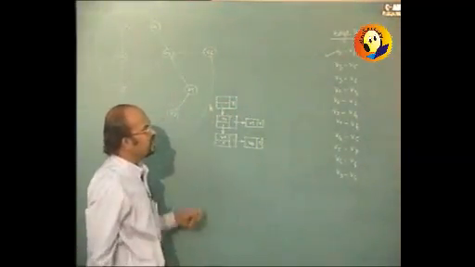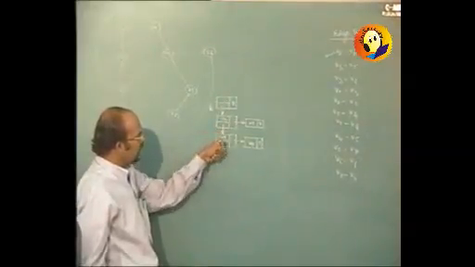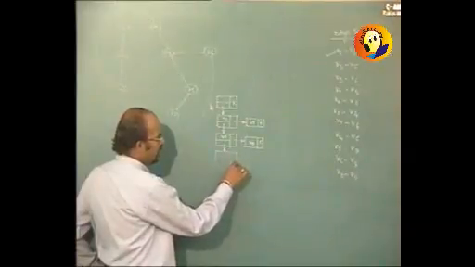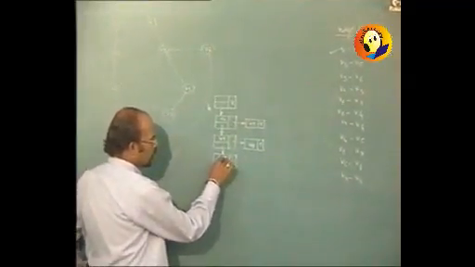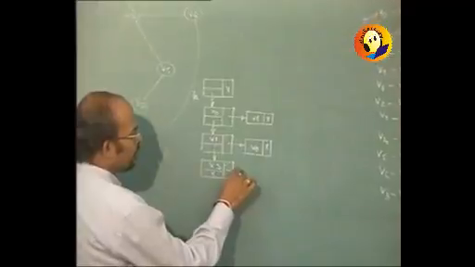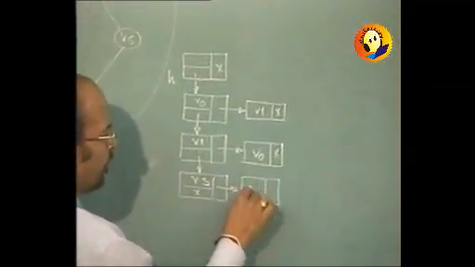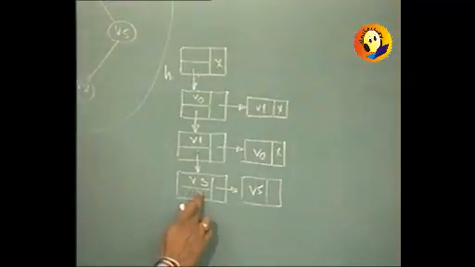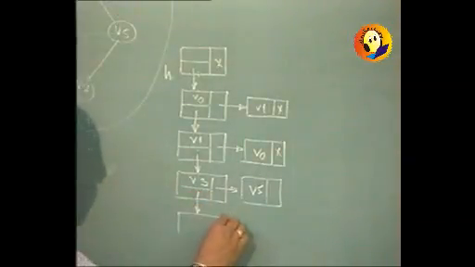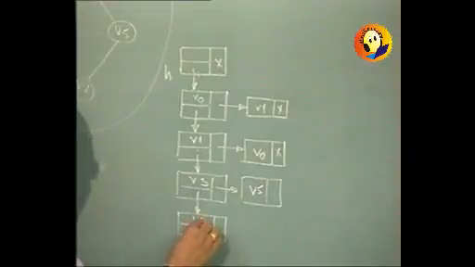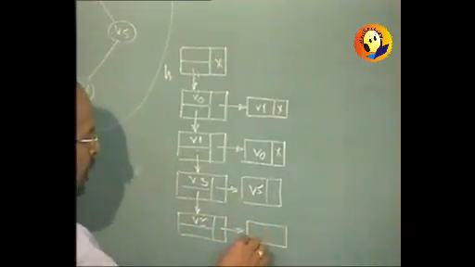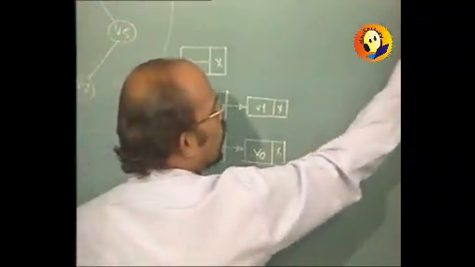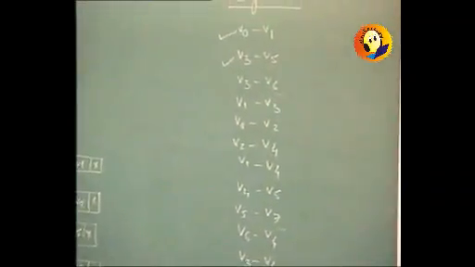Now the second edge, V3, V5. Search for V3 in the down list, it is not there. Append down list by vertex V3 and append its next by V5. And then search for V5 in the down list, again it is not there. Append down list by V5 and its next by V3. So the second edge, V3, V5, is over.